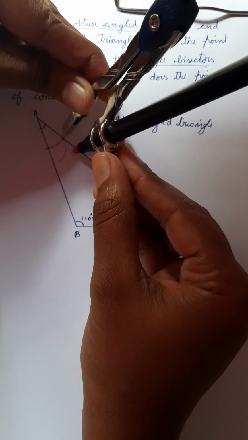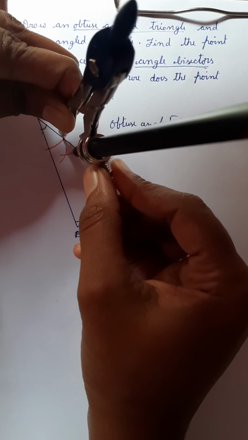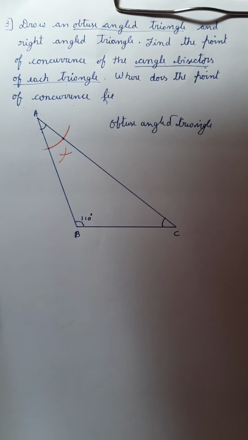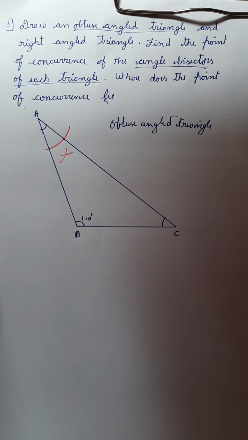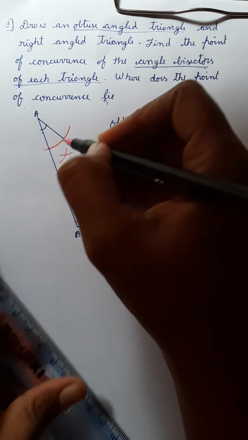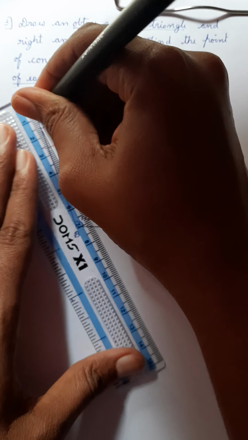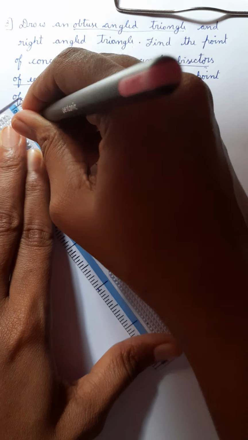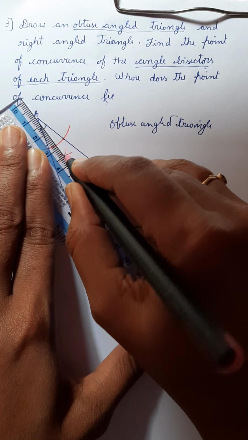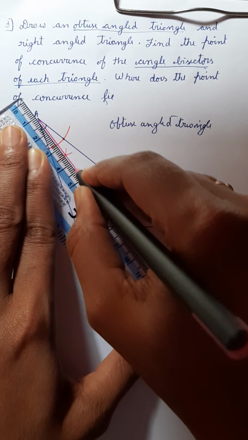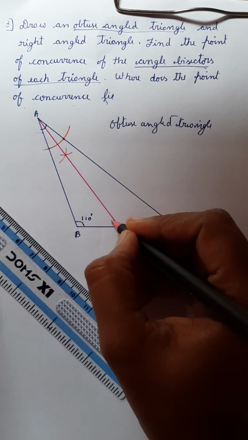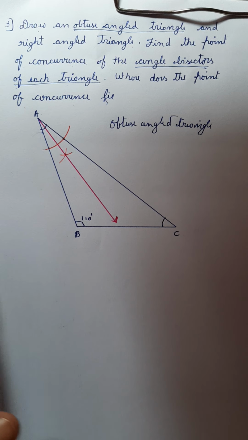Similarly on this side, cut the arc, and wherever it meets, join this point. Here it meets, correct? So from A to that particular intersection point, set the scale properly and join this. This is the bisector of angle A.